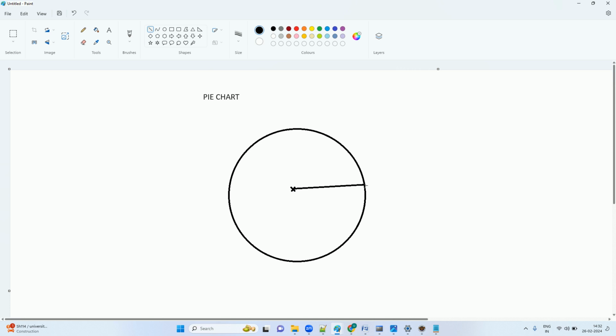This is 0 degree, this is 90 degree, this is 180 degree, and this is 270 degree. And the radius is the same. In a pie chart, the radius is the same. So how to draw this pie chart? That is what we will learn.